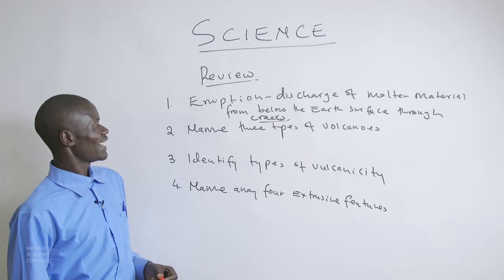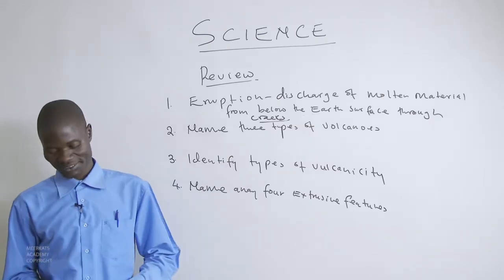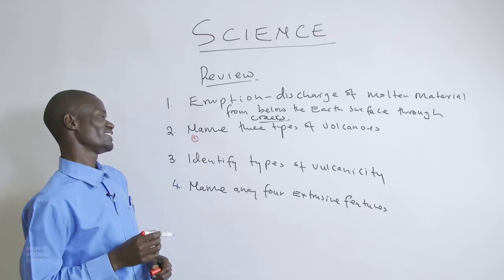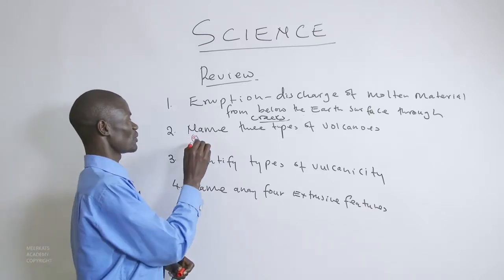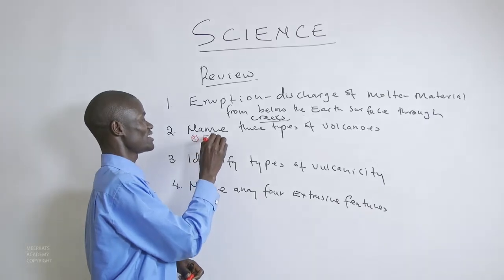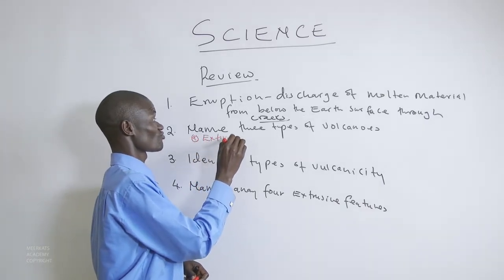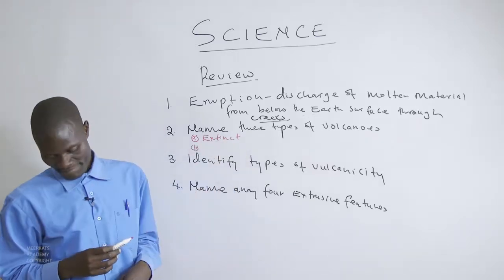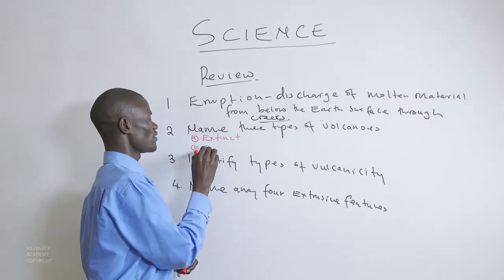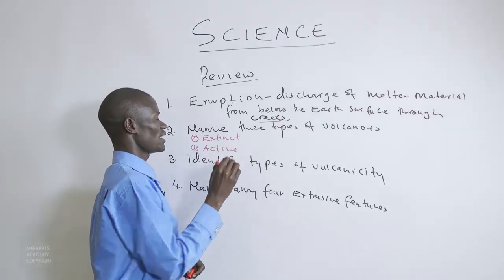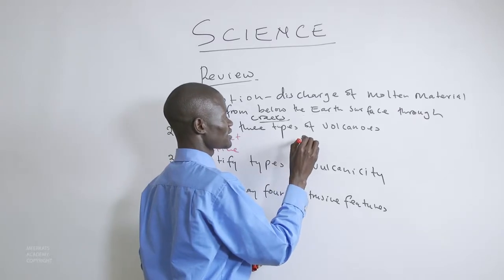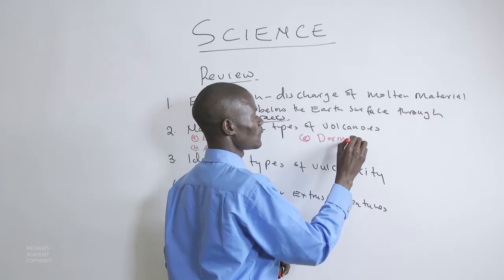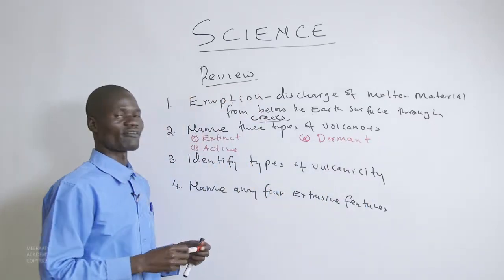Question 2 says name 3 types of volcanoes. This one is very simple. We have extinct, we have an active volcano, and lastly, we have a dormant volcano.